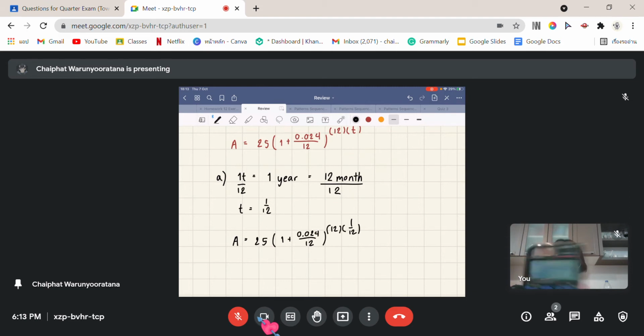So I've calculated it already, and I get a result of 25.05.